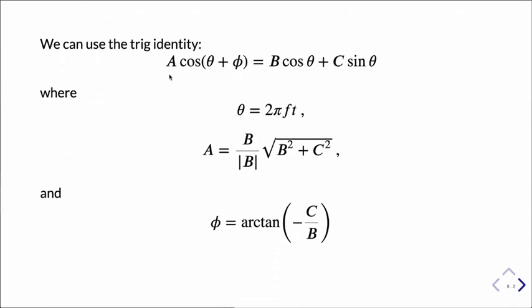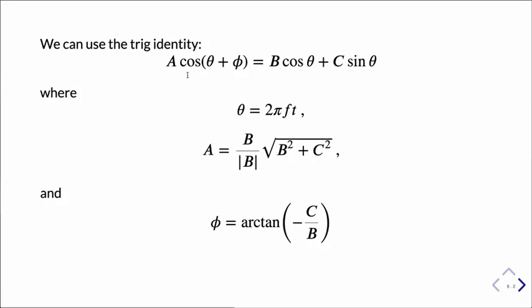There's an identity that the cosine of some angle plus some phase is equal to the cosine of that angle plus the sine of that angle, with some different weights than we started out with. This is very handy to know. All we have to do to fit the problem at hand is make the substitution that theta is equal to 2 pi times the frequency times the time.